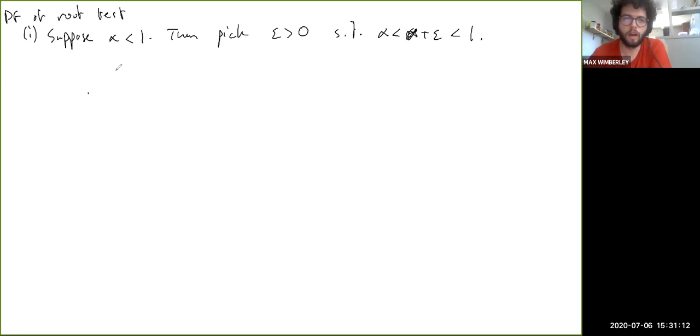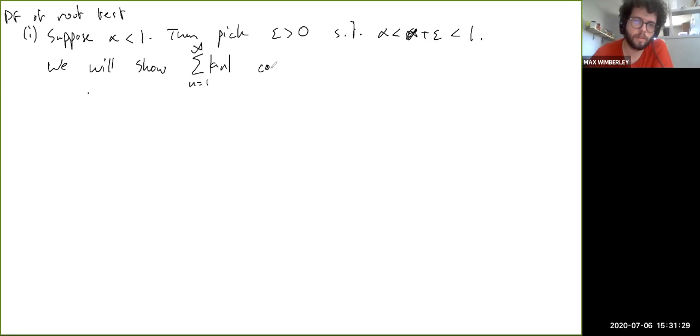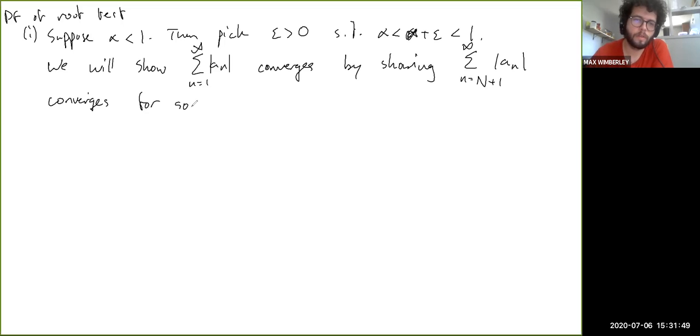So this is actually something we're going to see as a common thing. So we will show that the series of the absolute value of an, from n equals 1 to infinity, converges by showing that the series from n equals capital N plus 1 of the absolute value of an converges for some N. Okay, and the plus 1 here is actually unimportant.